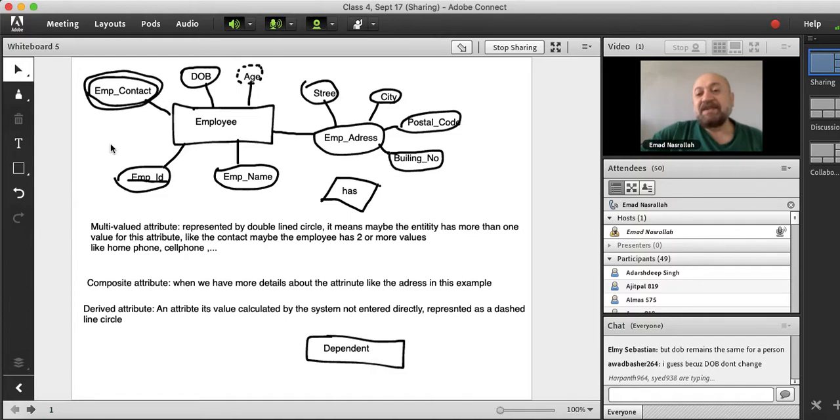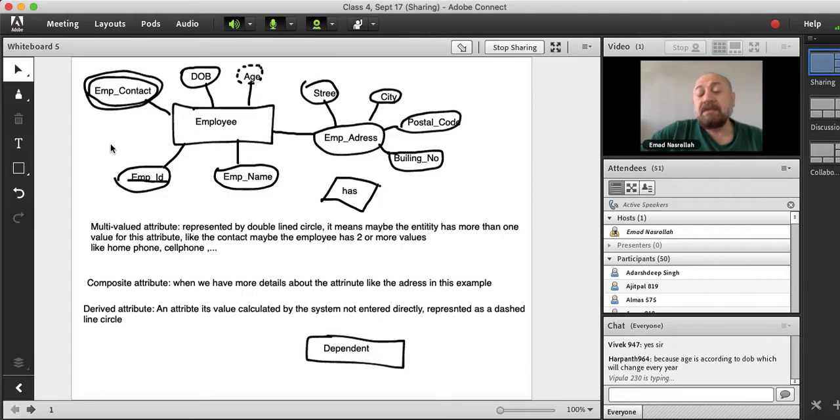The date of birth is a fixed value. The derived value is a value which could be changed. That's why we make it derived, calculated by the system, because it could change at any time.